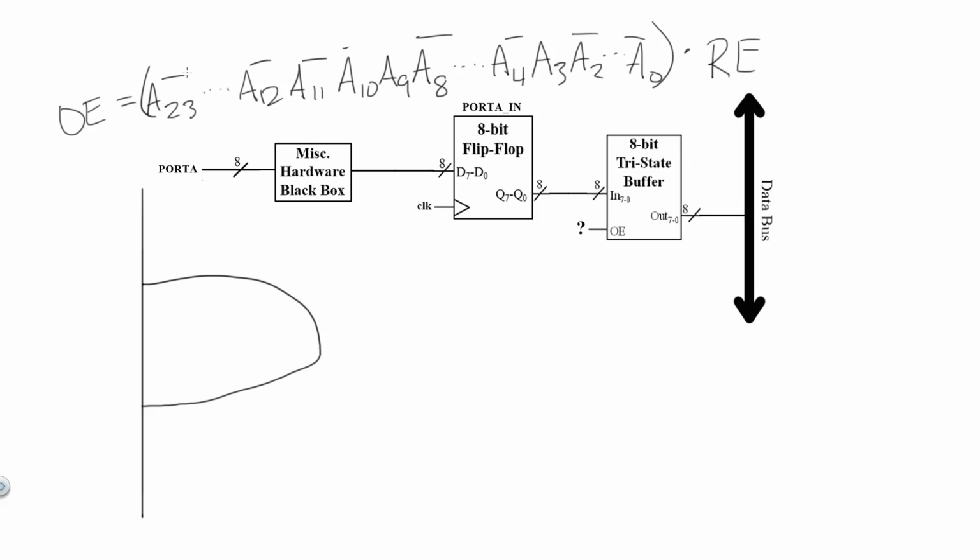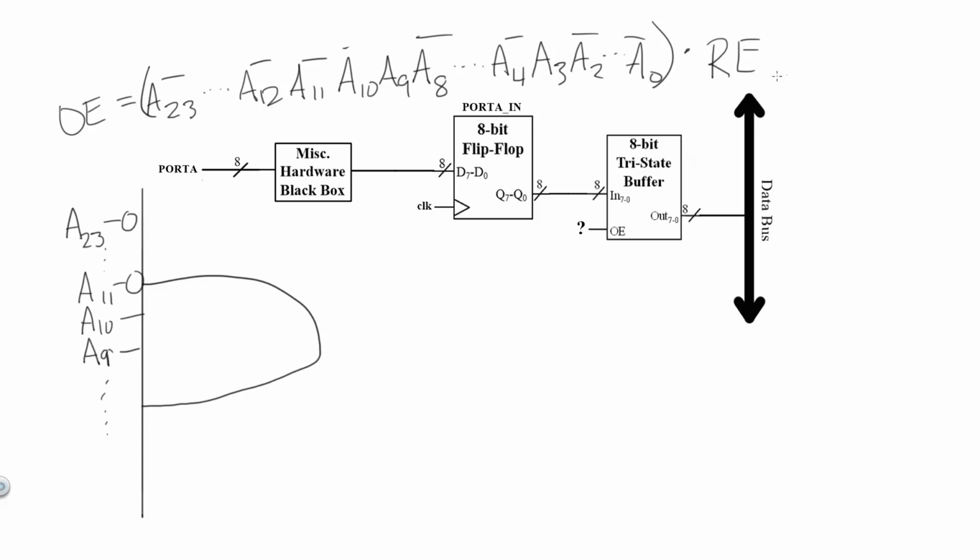So for any signal that is NOTed in this Boolean equation, I'm going to make it an active low input to the AND gate. So A23 through A11 are going to be active low inputs. A10 and A9 are going to be active high inputs, and so on and so forth for the rest of the address lines.